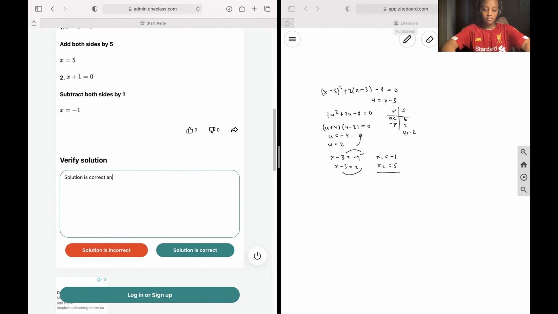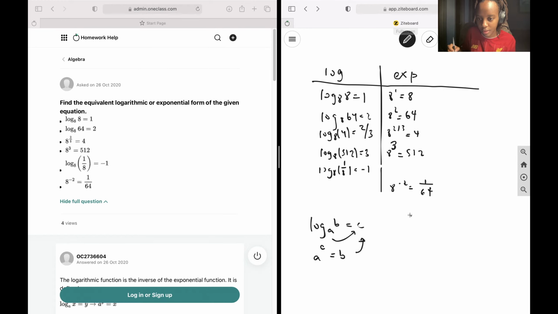And then lastly, we have two more. Now we're going again in the reverse direction, and we know that we just bring the 8 right on over. So log_8 of 1 over 8 is equal to negative 1. 8 to the power of negative 1 is equal to 1 over 8.